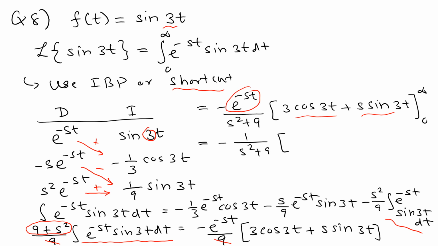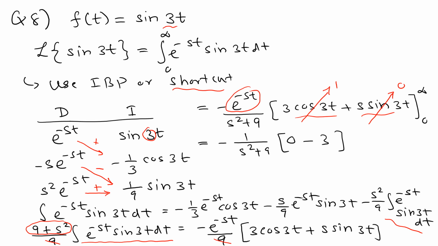At infinity it's going to be 0, so that term is gone. And then at 0, the cosine is going to give you 1, and sine is going to give you 0, so that term disappears. So you're going to simply get negative 3 from the first term.